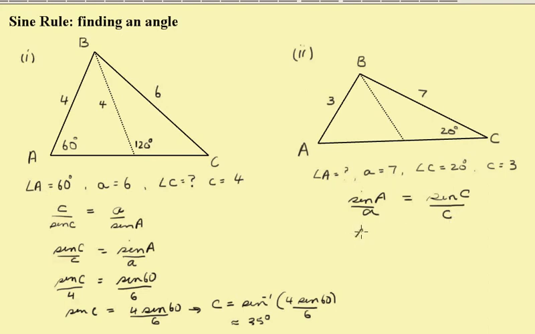So the sine of A will be equal to, now a is 7, so it's 7 sine of 20 over 3. So when you work that out, A comes out to 53 degrees.